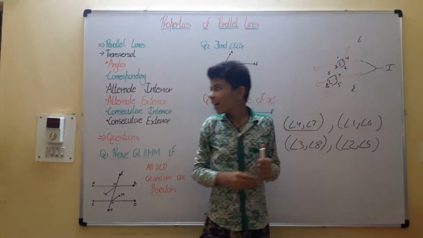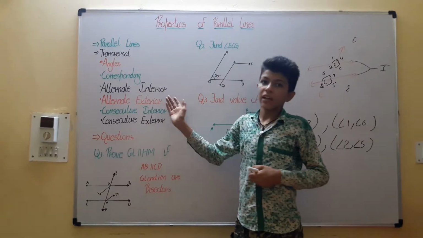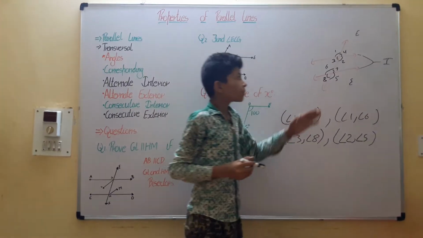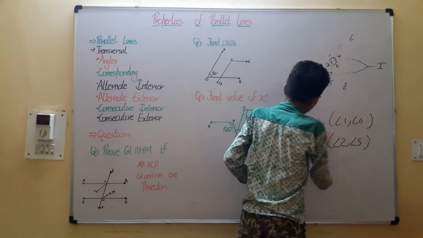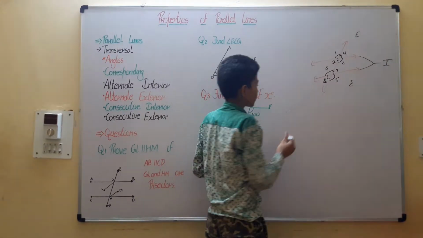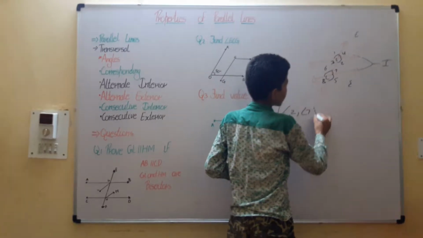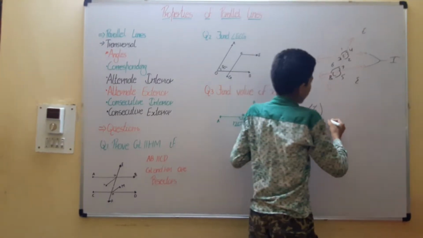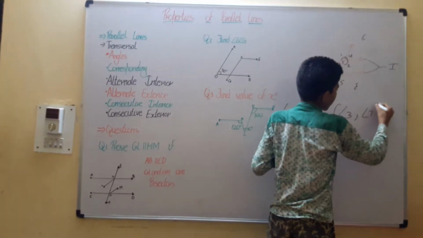Let's move to the next type of angles, which is alternate interior angles. As the word suggests, interior means which lies inside. The sets of alternate interior angles are angle 2 and angle 7, angle 3 and angle 6.